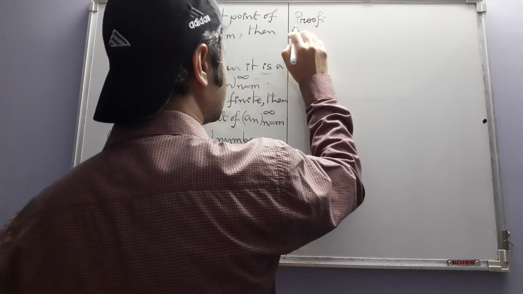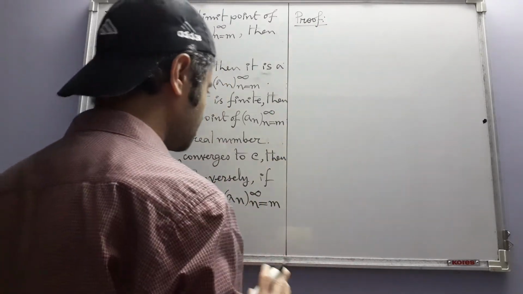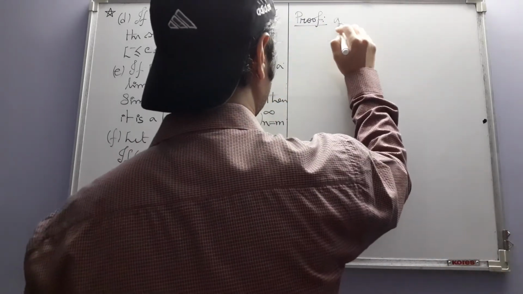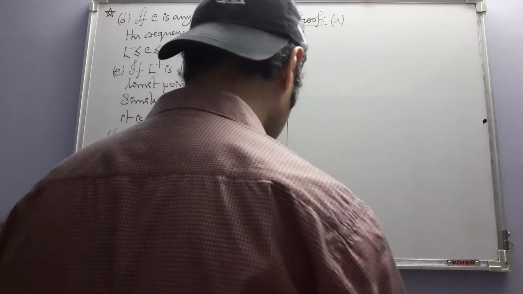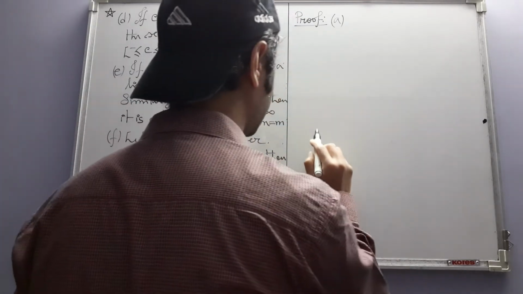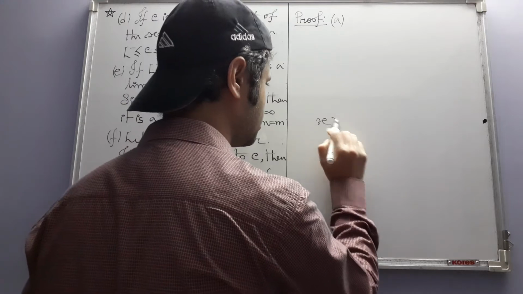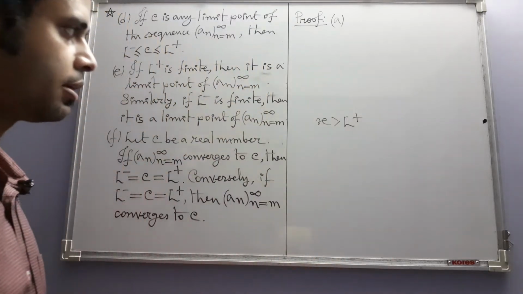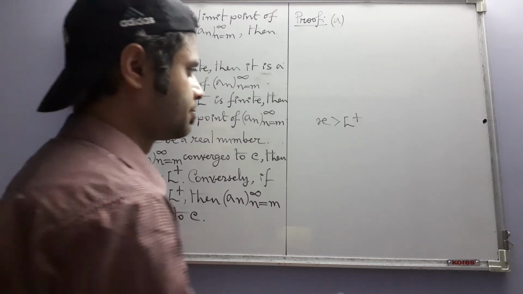But now because we don't have the statements with us, we have to recall them. So in the beginning of part A, what we have to prove is this. We are given that x is greater than L plus.